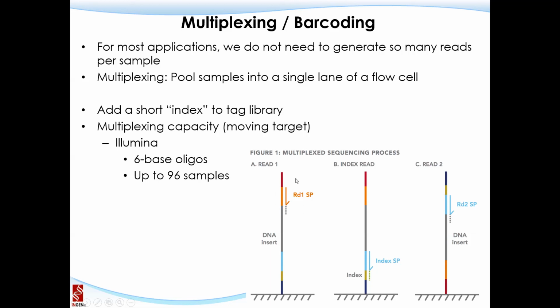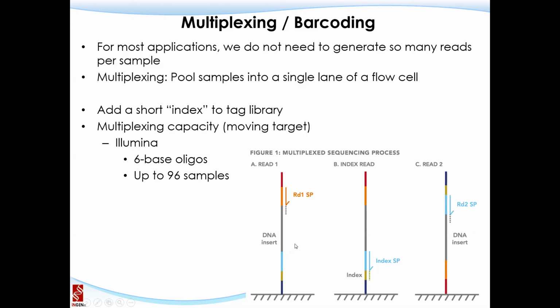The yellow one is the read 1 sequencing primer. You need that, because in sequencing by synthesis the primer needs to come in, and then the nucleotides will start to show up. So you have this read 1 sequencing primer, which is needed, and then the sequencing goes on.